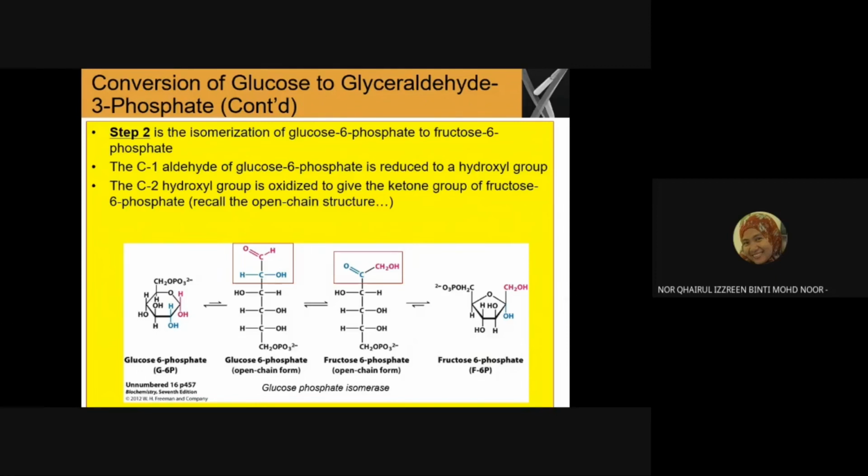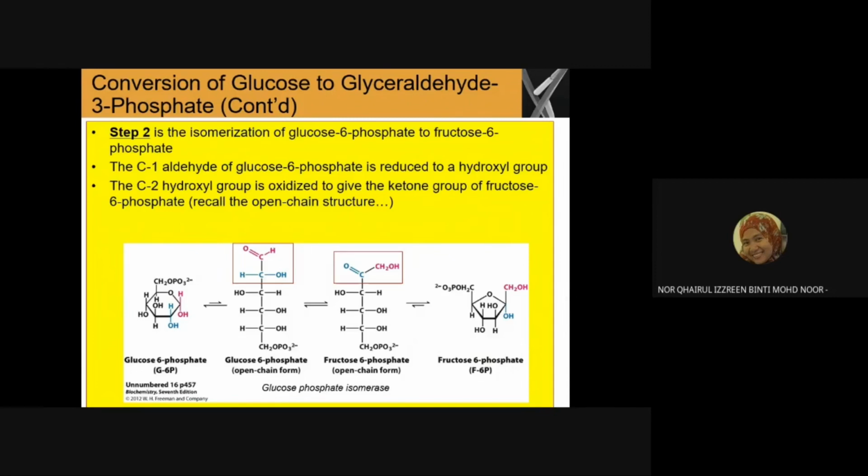Remember, we want to break down this glucose molecule. Glucose has 6 carbons, so we want to make it symmetric, 3 carbon and 3 carbon, two 3-carbon molecules. Glucose 6 phosphate is not symmetric, but fructose 6 phosphate is symmetric. That is why we isomerize glucose 6 phosphate to fructose 6 phosphate.